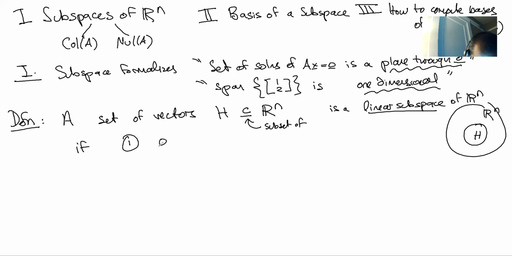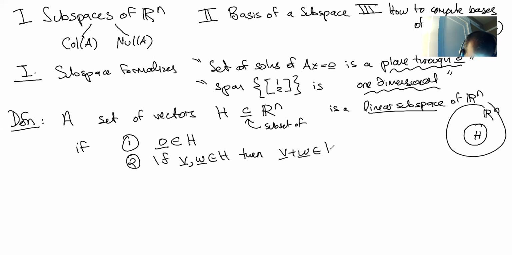The first is the zero vector is in there. The second condition is whenever two vectors are in the subspace, if you add them, you stay in the subspace. So if v and w are in the subspace, then v plus w is in the subspace.